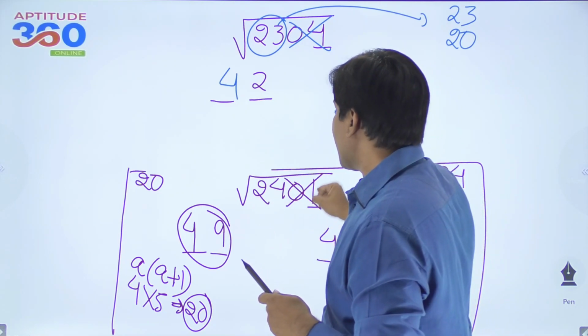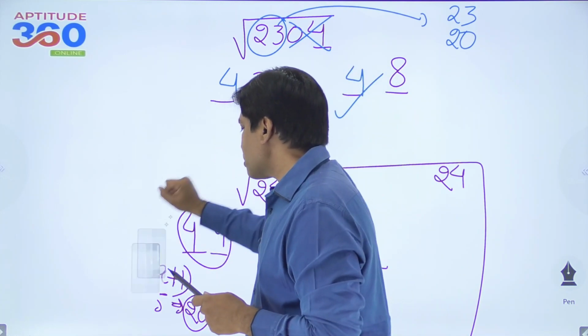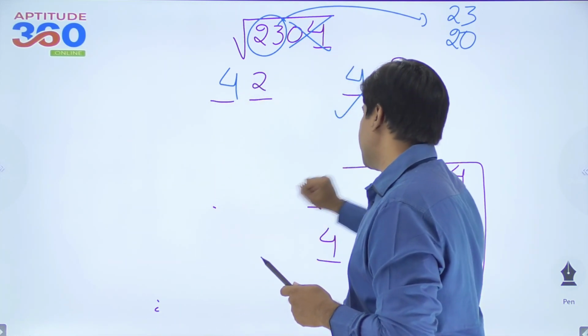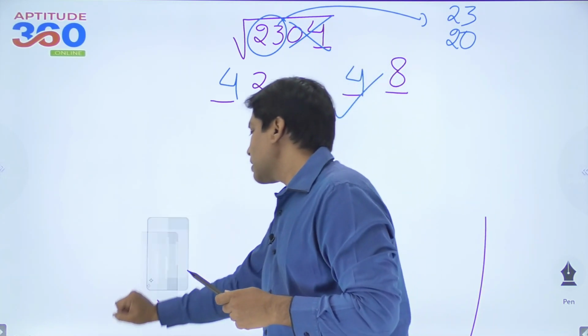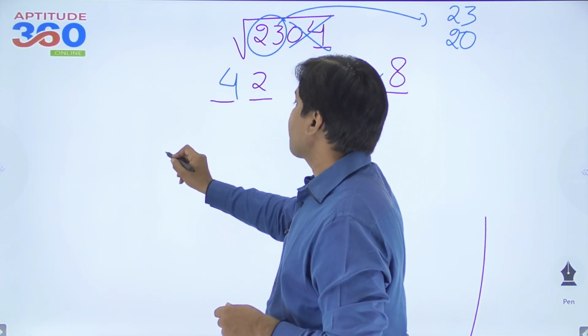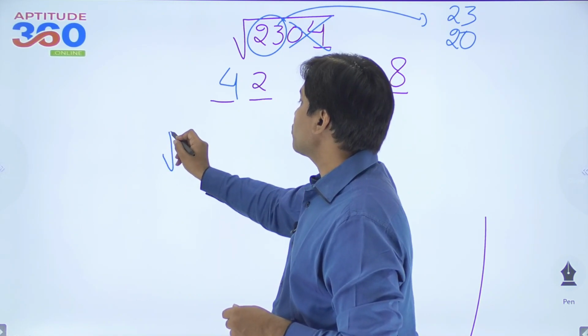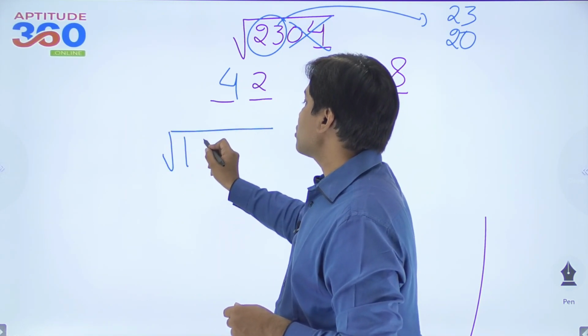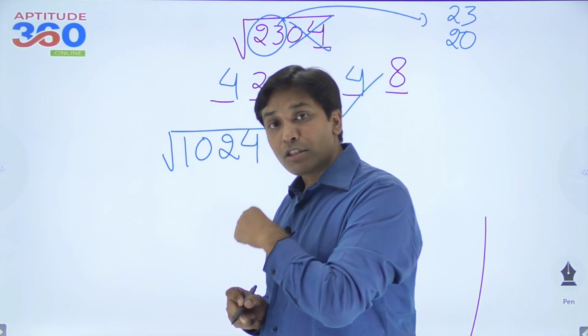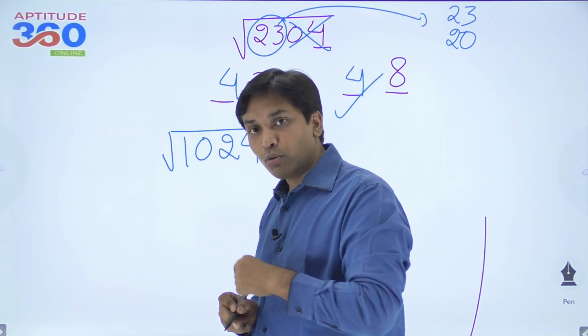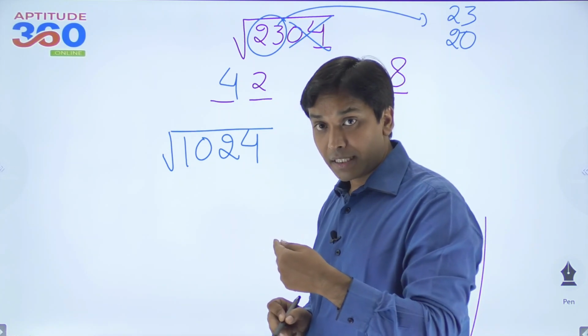One more question and then all our doubts must get cleared. I'm going to take another example. What if you were finding out the square root of 1024? Now you know that 1024 is the square of 32, but then we need to find it out.